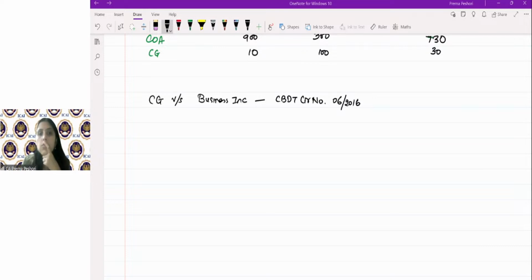Any doubt? Any question? Is this clear? Is the entire chapter clear to you? Yes, Jacob, for 20% indexation benefit is available. We are going to talk about the indexation benefit also now.